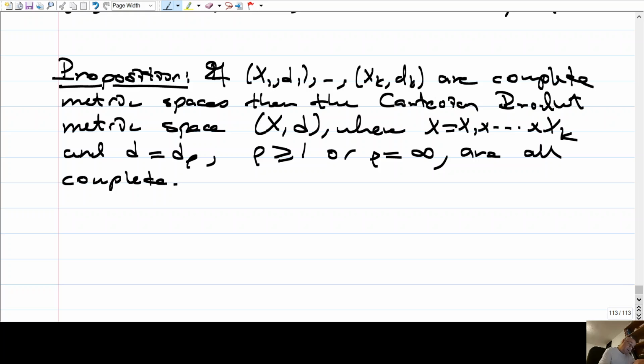Therefore, it is enough to prove that only for one of them this product is complete. And we will just do this for k equals 2.